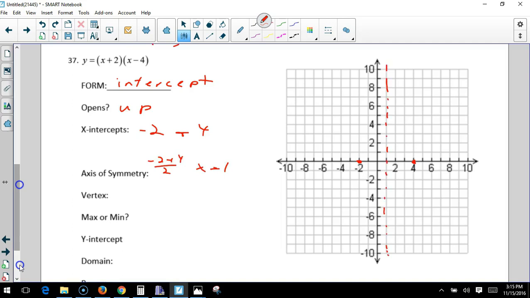Which is 3 away from each of those. So I'm going to plug 1 back in. 1 plus 2 times 1 minus 4. That's 3 and -3. So that's -9. So that's going to be at 1, -9.